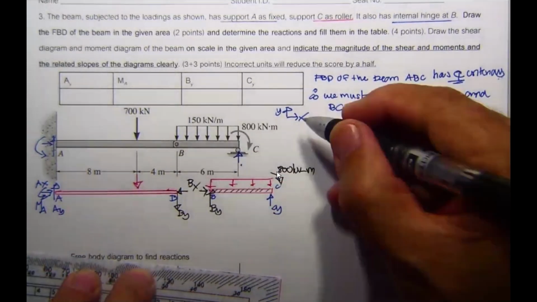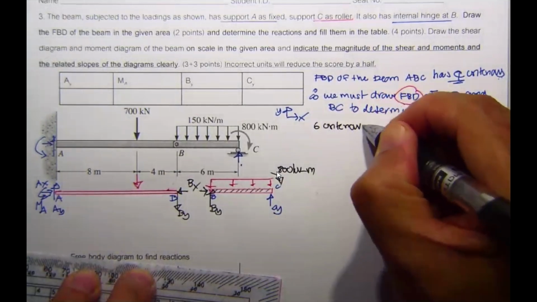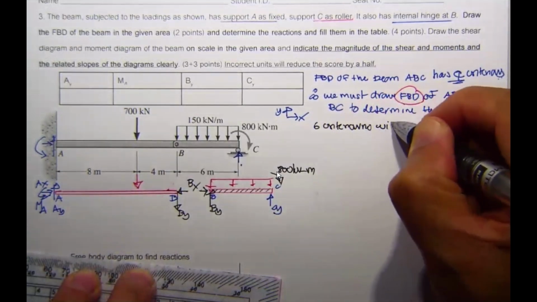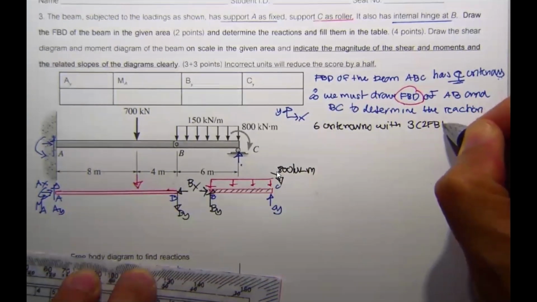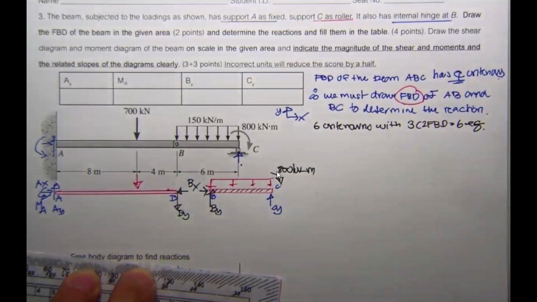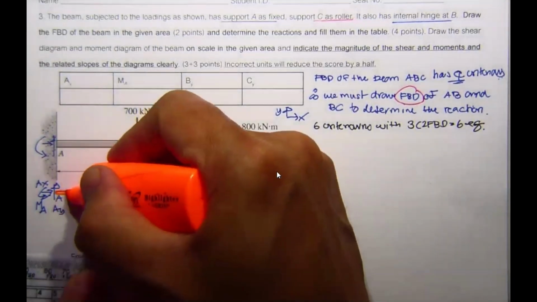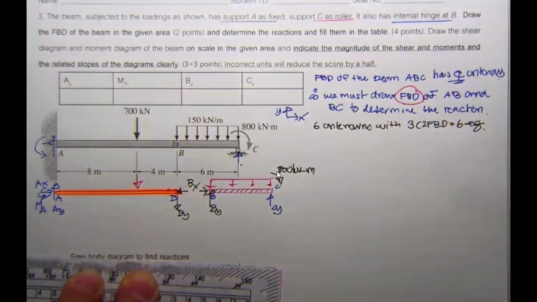Now we have a total of 6 unknowns, and with 3 times 2 free body diagrams we have 6 equations. Which portion should you start first? If you consider this portion, this free body diagram has a total of 5 unknowns.